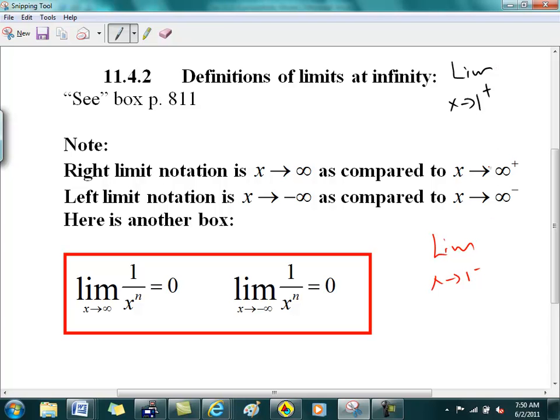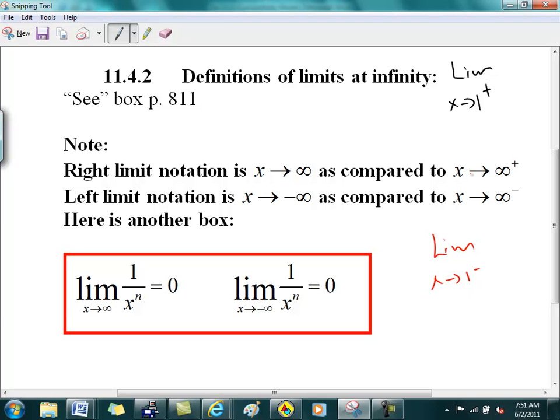What does 1 plus mean? It's going from the right of 1, a little bit more than 1. This one is a little bit less than 1. So it's going from the right of 1 towards 1. And this guy at the bottom is going from the left of 1 towards 1.